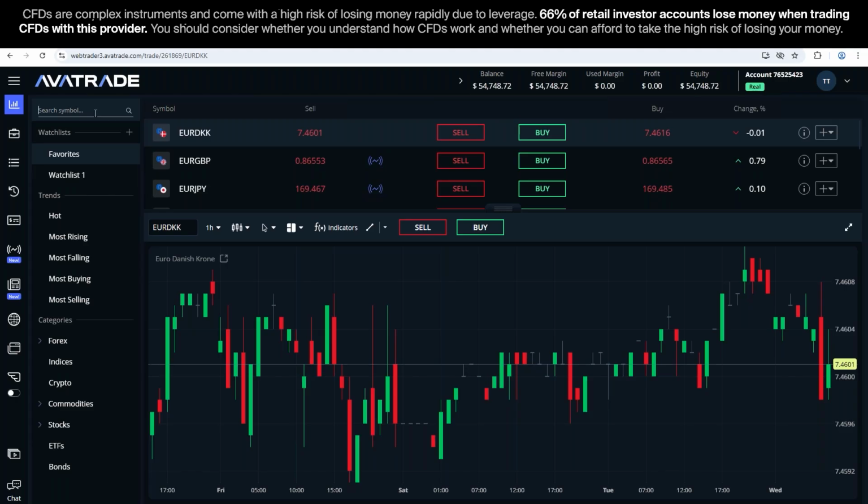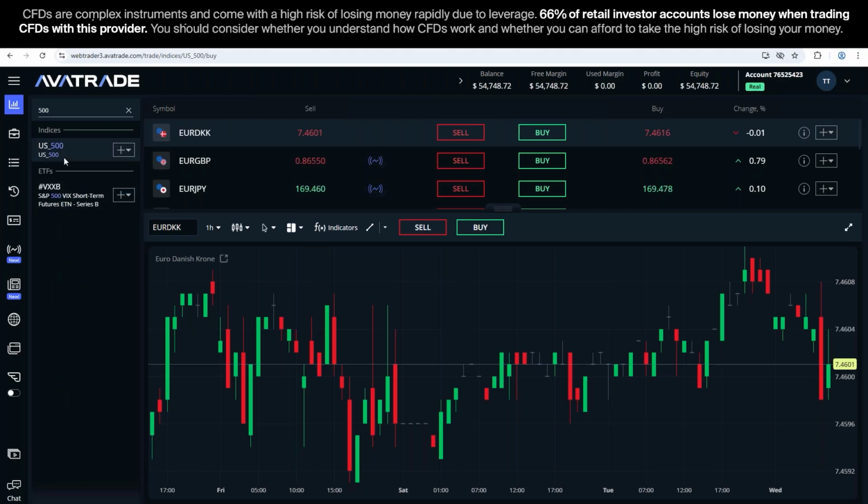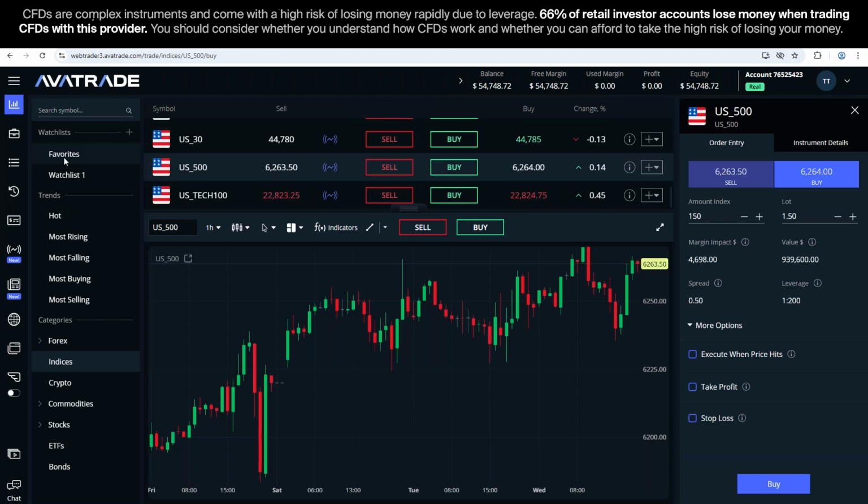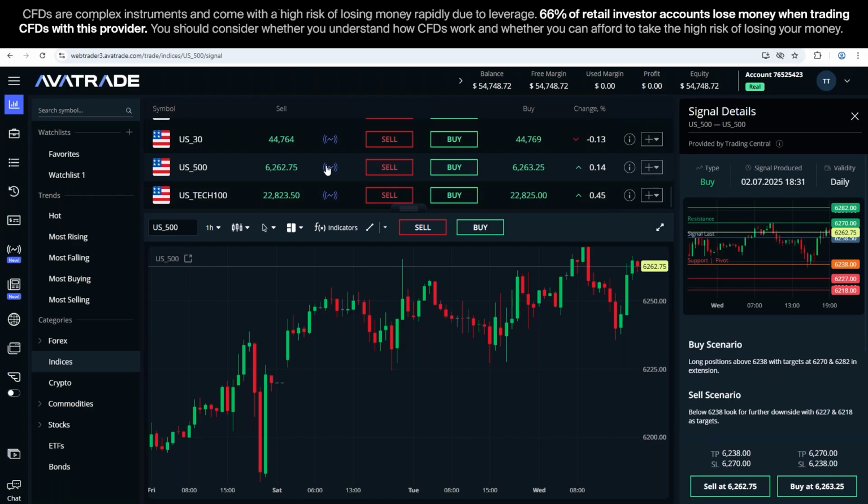Now, if we look at something like the US 500, we can see if there's a signal on it. If there's a signal coming from Trading Central, we'll see the symbol here next to the instrument name. Okay, so I see there is a live signal in the US 500 and really on all of the major US indices. I'll look at the US 500, and not surprisingly, it's a buy signal.